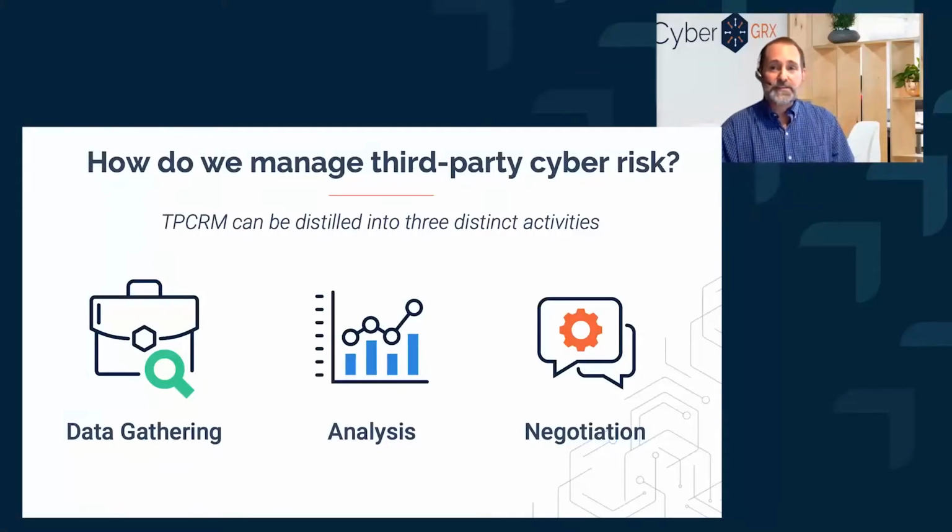Third-party risk practitioners need to have a well-rounded skill set due to the breadth of activities that they're involved in. Data gathering, analysis, and negotiation. All of these require a technical acumen, because they need to understand security a foot deep and a mile wide.